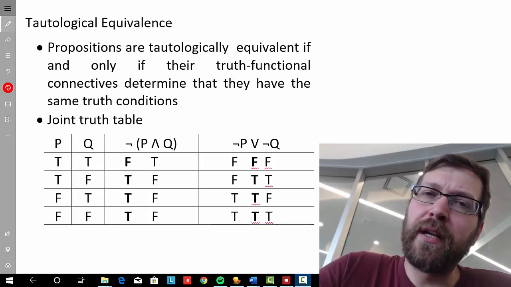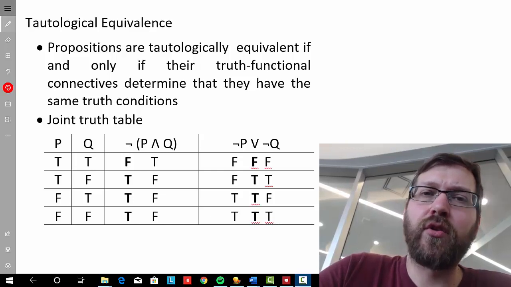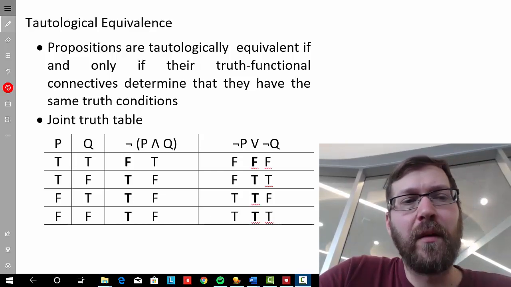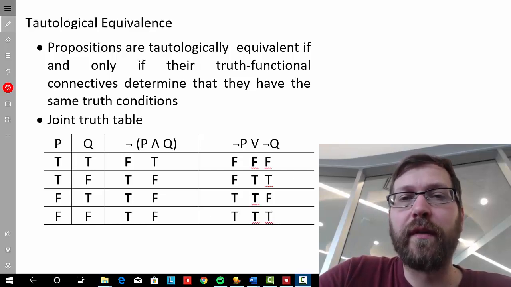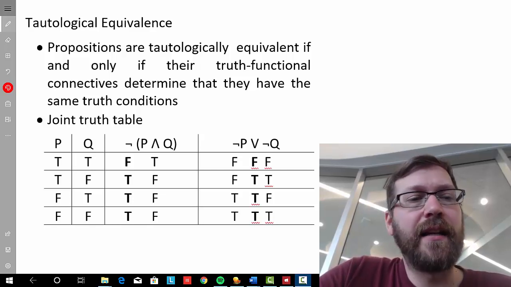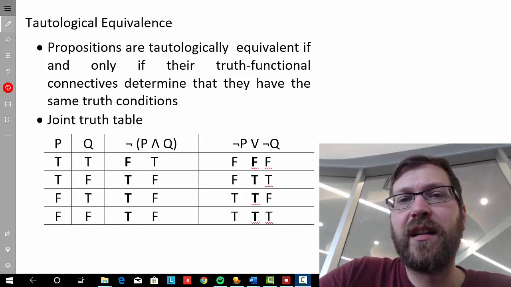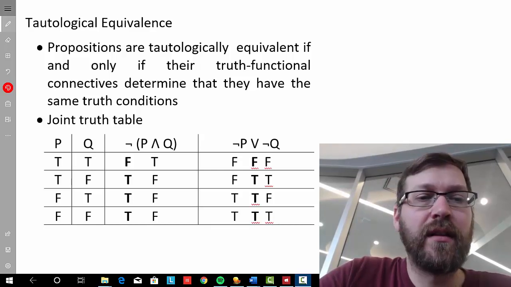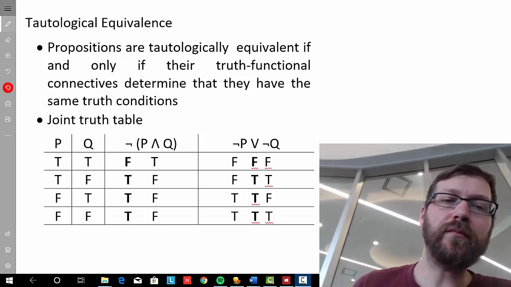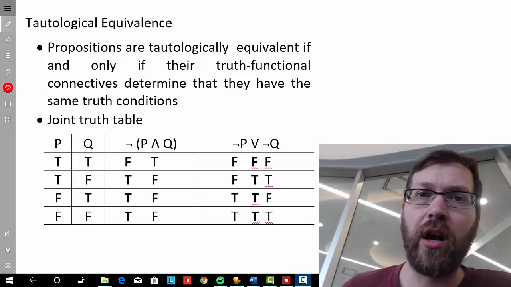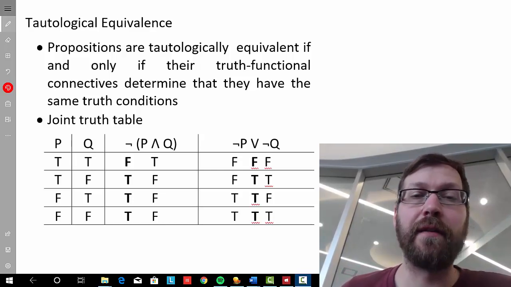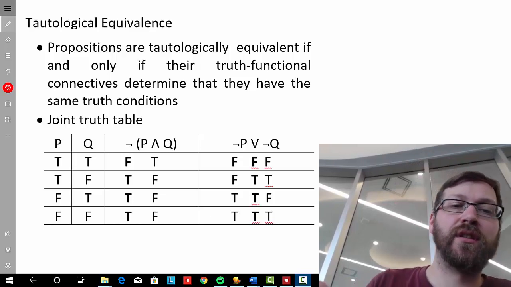All right, so we can get a better understanding of logical equivalence by taking a look at tautological equivalence. And the reason for that is tautological equivalence is a special subset of logical equivalence. So propositions are tautologically equivalent if and only if their truth functional connectives determine that they have the same truth conditions.